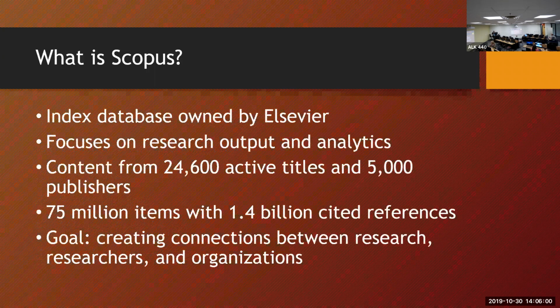So, what is Scopus? Scopus is an index database, the purpose of which is to look at the research landscape from above, looking at connections between research, connections between researchers, and connections between affiliations and organizations, to see what kind of trends there are within research and between different subject areas.